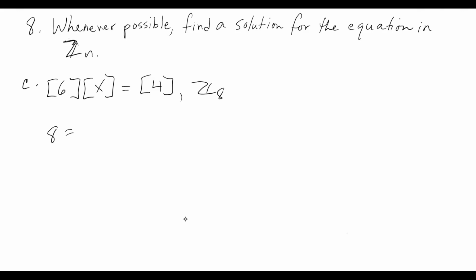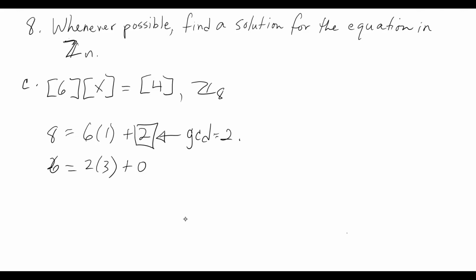8 is equal to 6 times 1 plus 2. Well, this means that 6 is equal to 2 times 3 plus 0. Our GCD is 2. But we didn't do this simply to find the GCD.